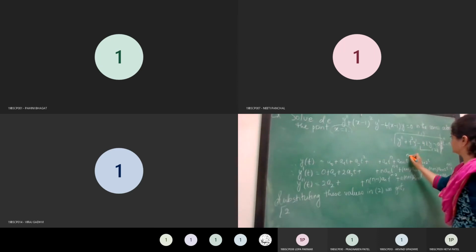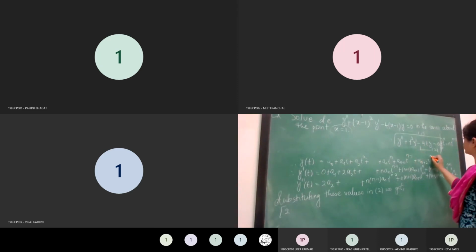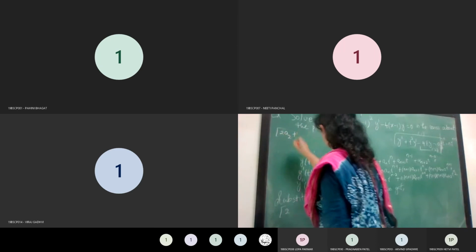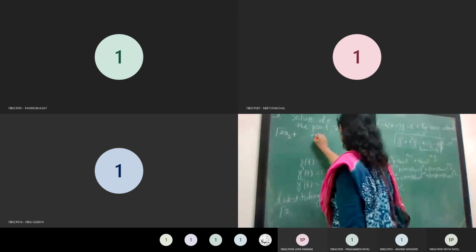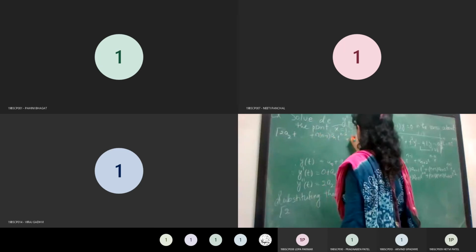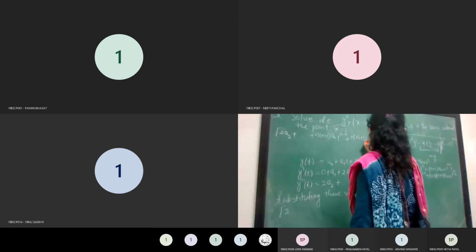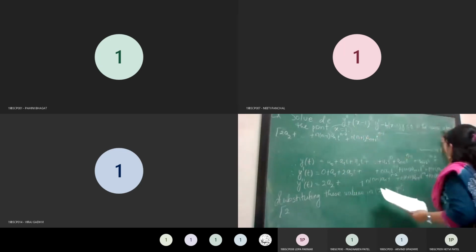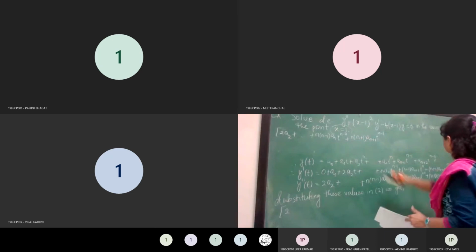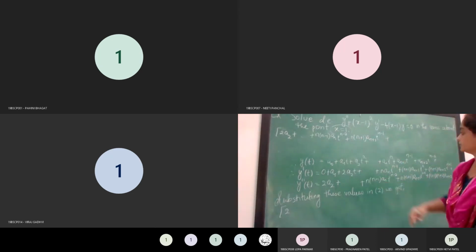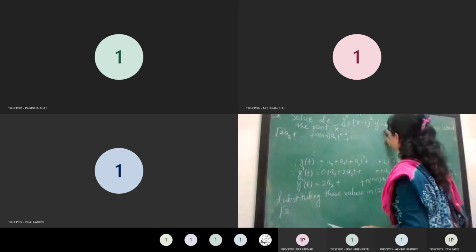Here it was (n minus 1) a_{n-1} t raised to n minus 1 plus up to plus. So here, first of all, 2a2 plus up to plus (n minus 1) a_{n-1} t raised to n minus 2 plus n into (n plus 1) a_{n+1} t raised to n minus 1 plus, oh, sorry, I have written y dash.